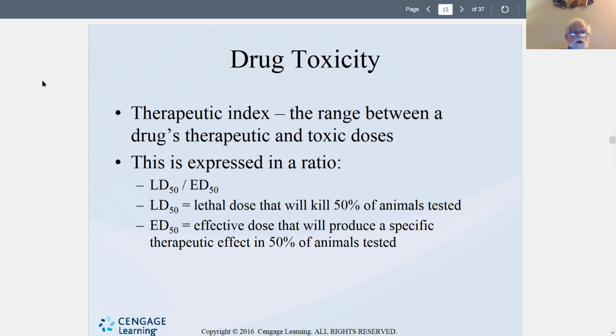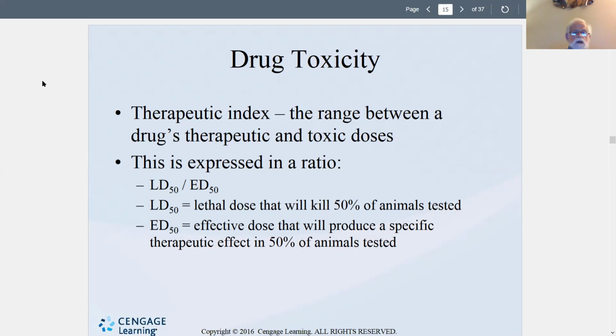An LD50 is a dose that will kill 50% of animals. We don't like those. The effective dose, or ED50, is a dose that will produce a specific therapeutic effect in 50% of the animals tested.